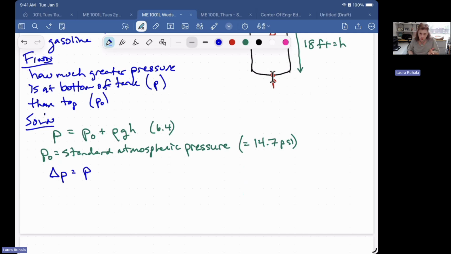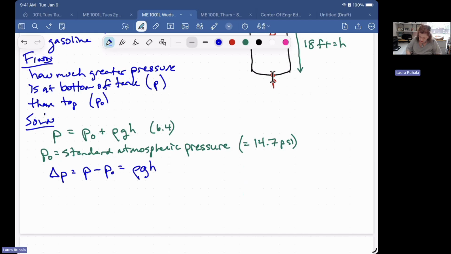The larger value will be at the bottom, the pressure at the bottom minus the pressure at the top. And then that's just going to equal rho g h. All I did here is rearrange equation 6.4 to get P minus P naught.